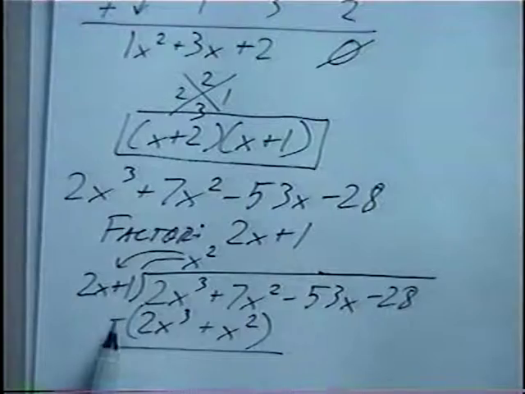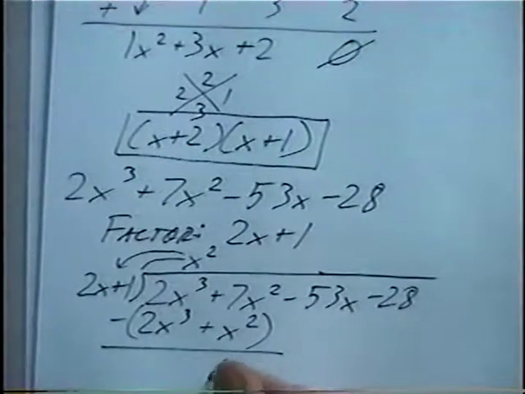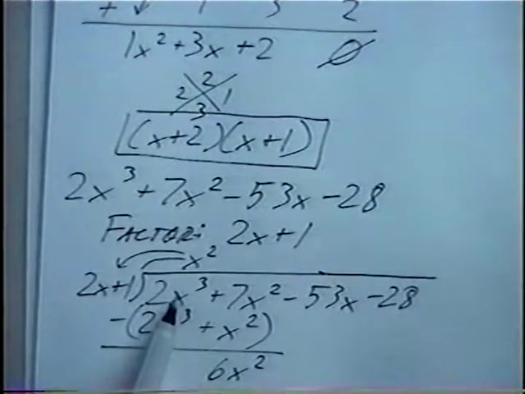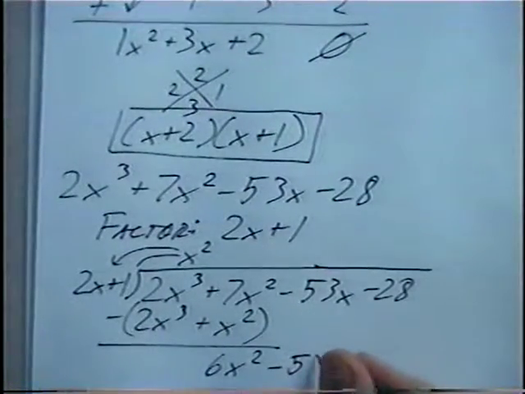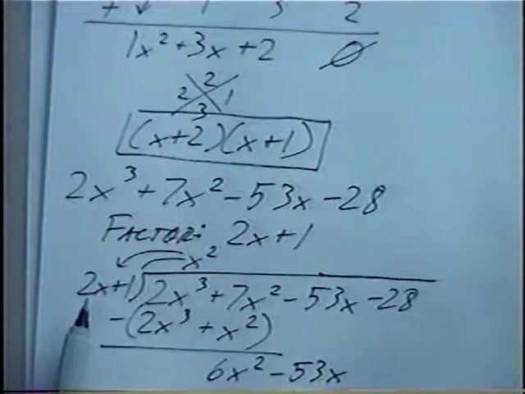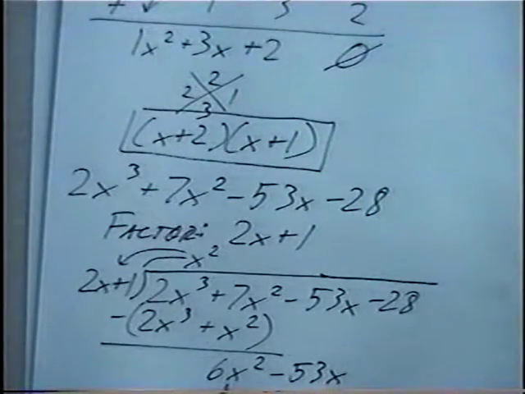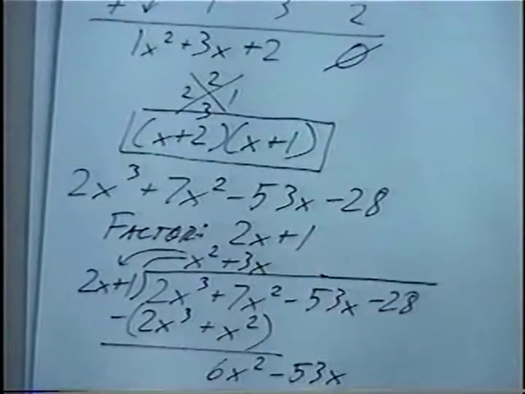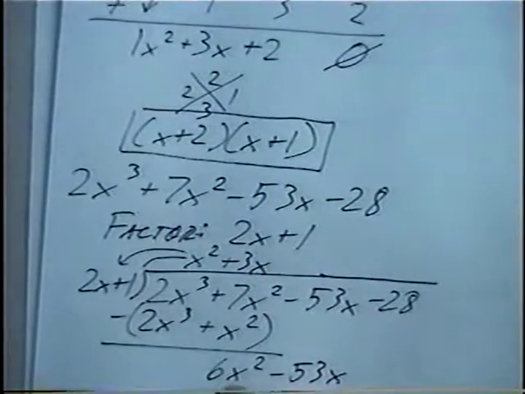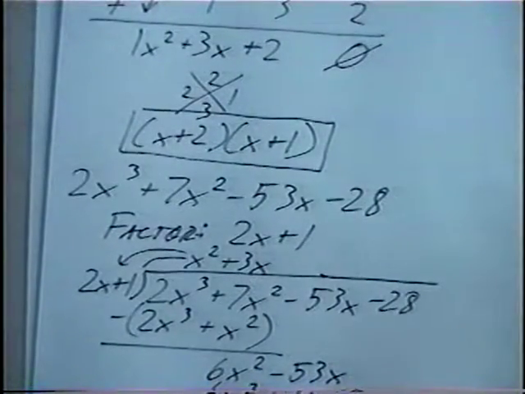7x squared minus x squared would be 6x squared. The first term should always cancel. Drop down the next term. 2x into 6x squared, that would be 3x, because 3x times 2x is 6x squared. 3x times 1 is also 3x.